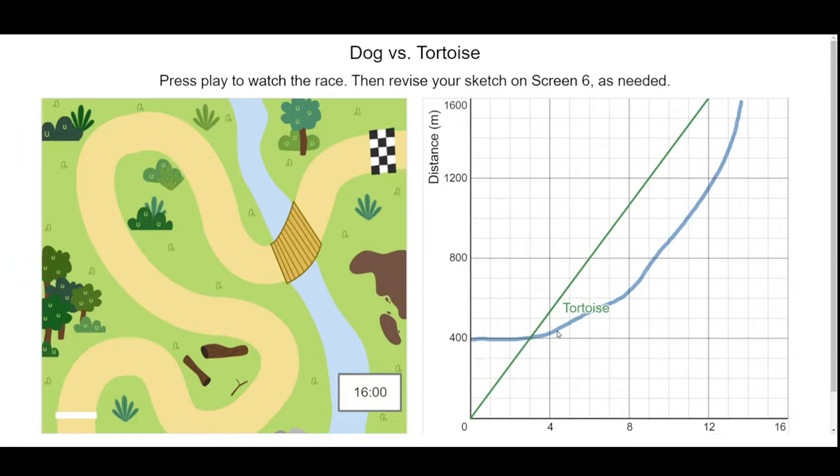So this is different. When we have a curved line, our speed is increasing. So our speed is changing. We're not moving at one speed like we were in the other ones. So here we were accelerating, you could say, in terms of speed.